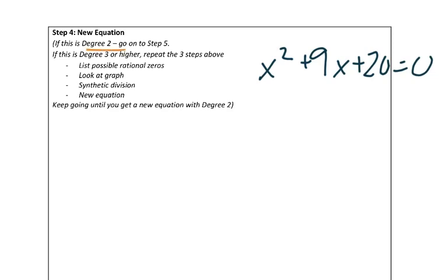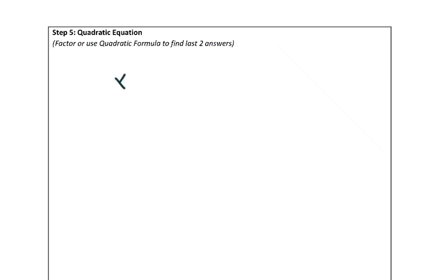Now this is a degree 2, so it tells me to go on to step 5. And I want to solve this now, factoring if I can, if not quadratic formula.